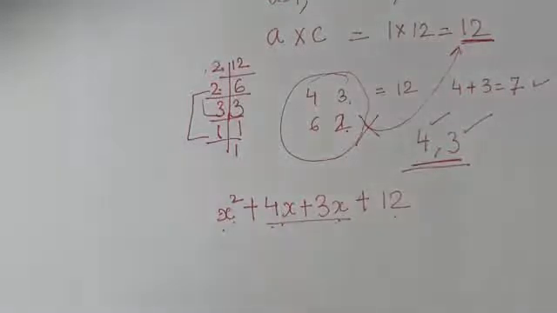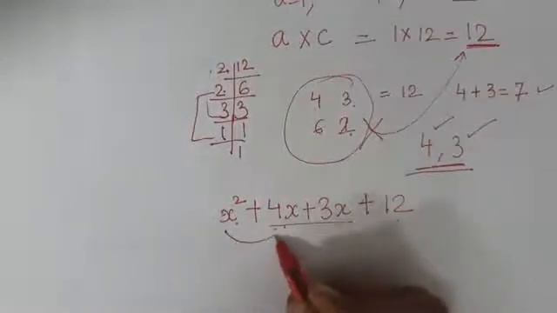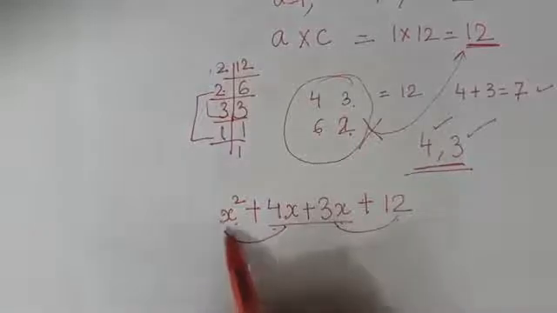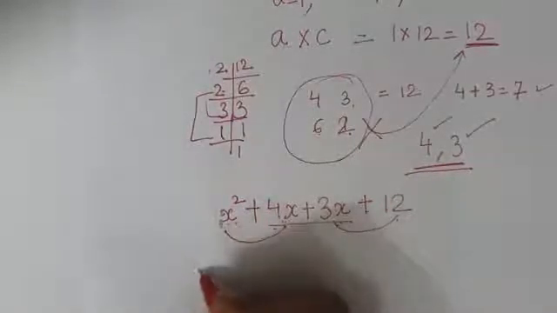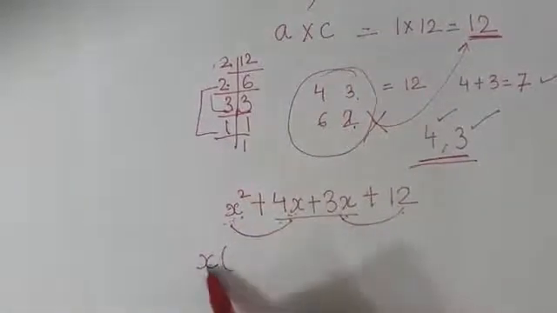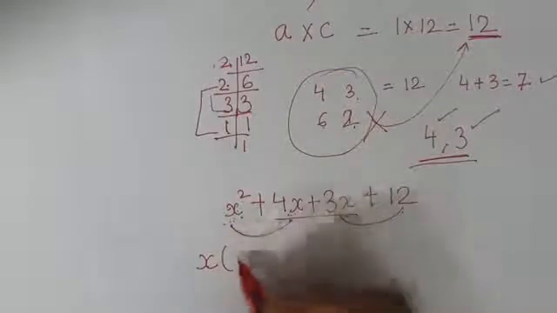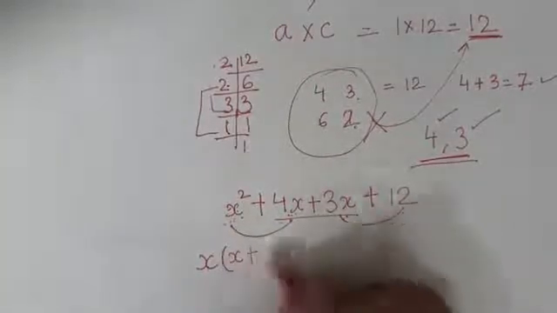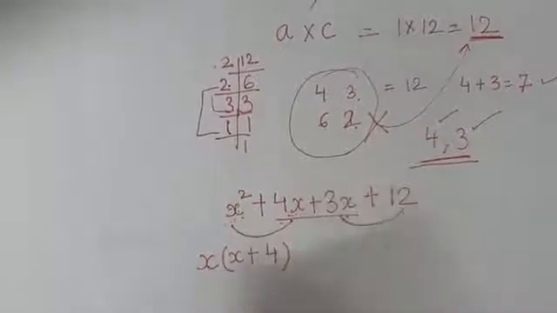Now we are done with this. Now take two terms together. Now see, what is common in these two? Yes, x. And if I take x as common, what is left inside? x plus 4.